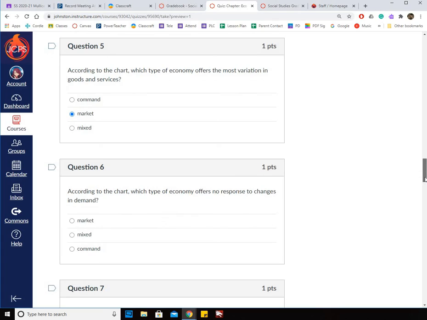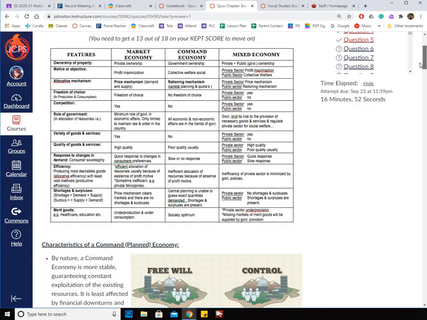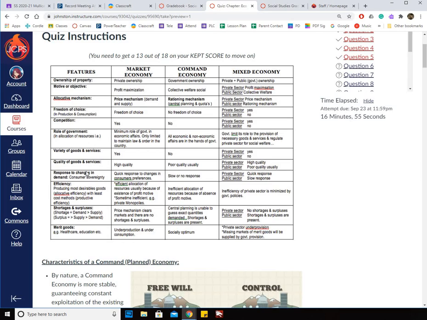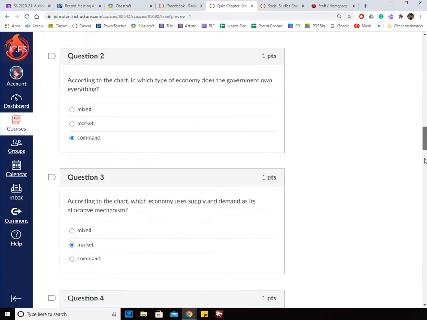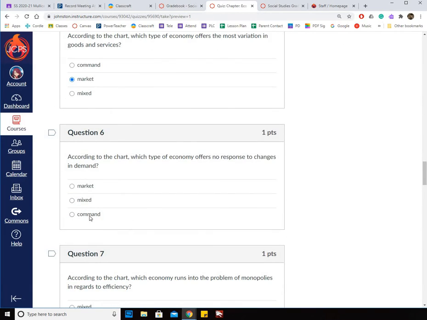So which offers no response to changes in demand. So here it is. Response to change in demand. Consumer sovereignty. So it's going to be command economy right here. Slow or no response? So number 6 is command.